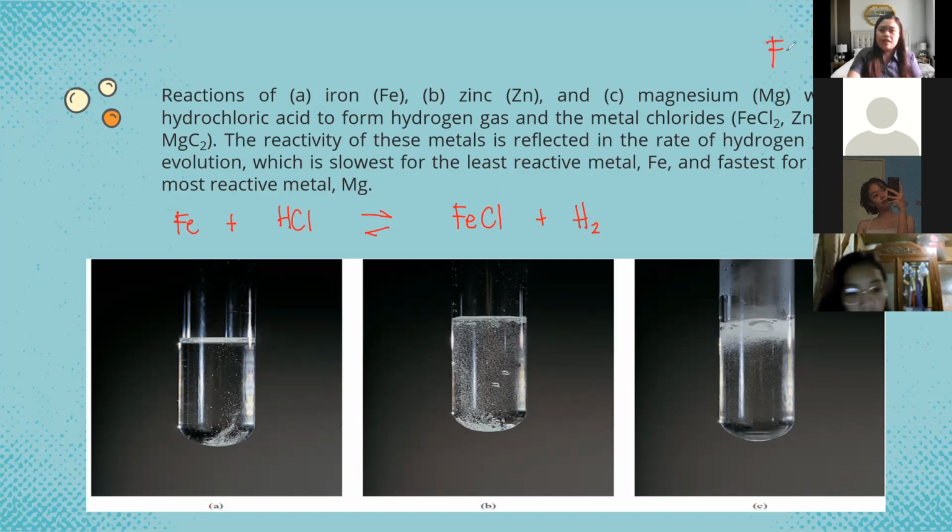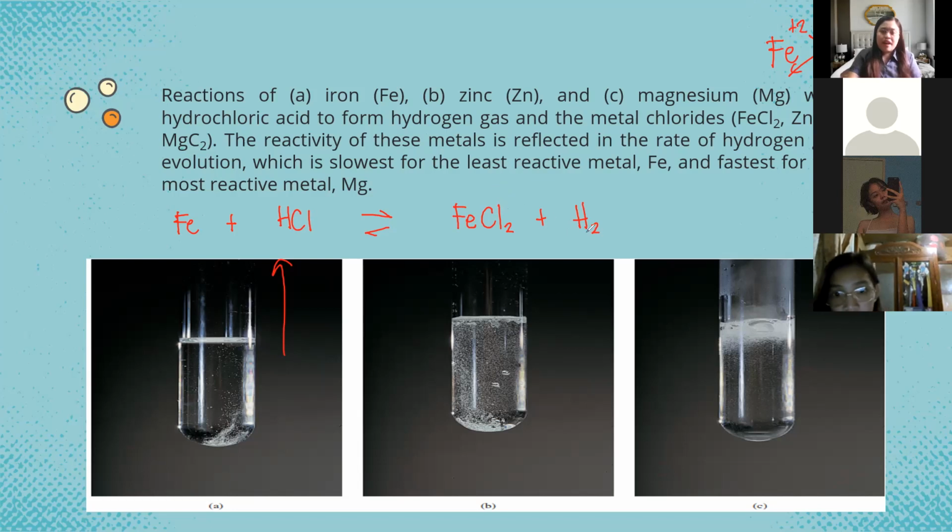So in this case, for the test tube, ang ginamit dyan na iron is +2 and chlorine is -1. So you have to do the crisscross. That is why the correct chemical formula here is FeCl2. Ito yung chemical equation for test tube number 1. But take note that this is not yet a balanced equation.